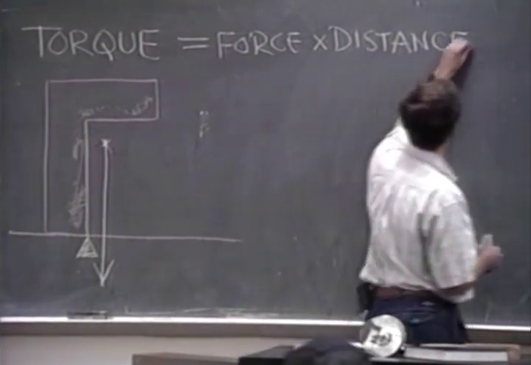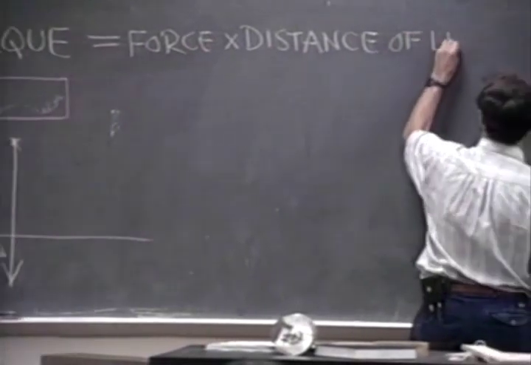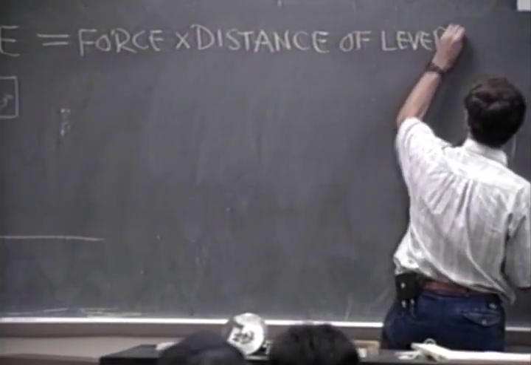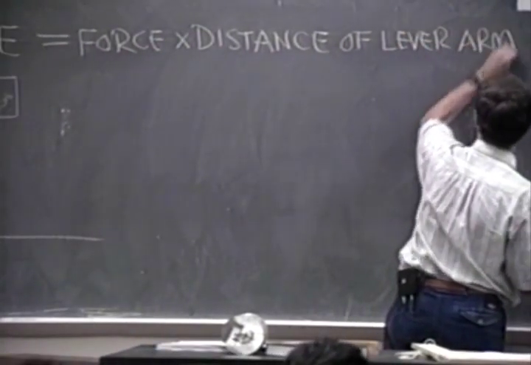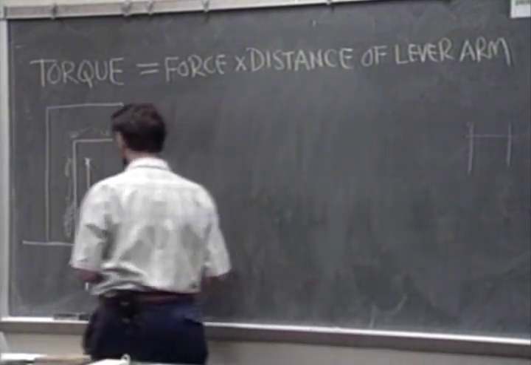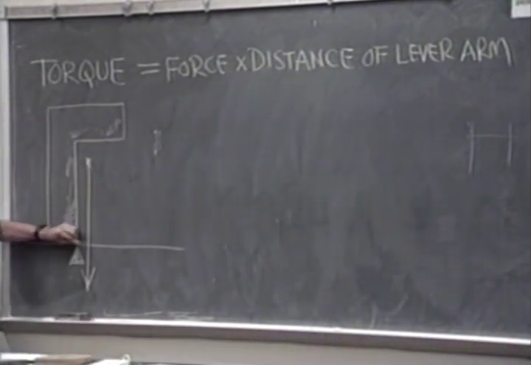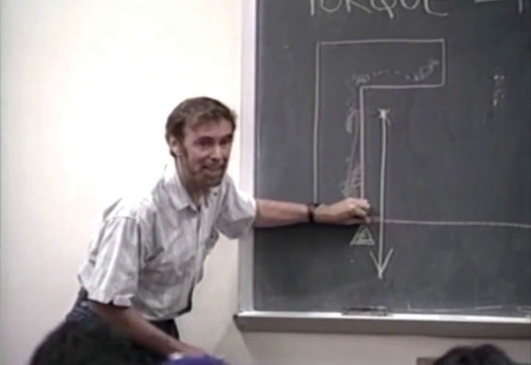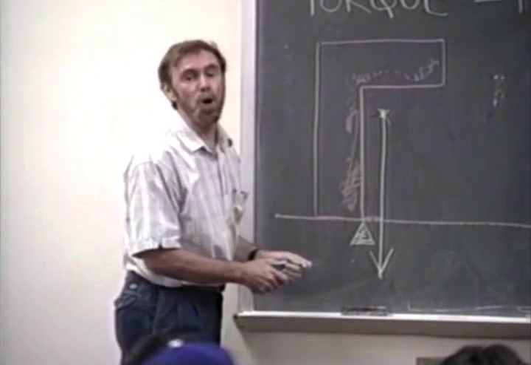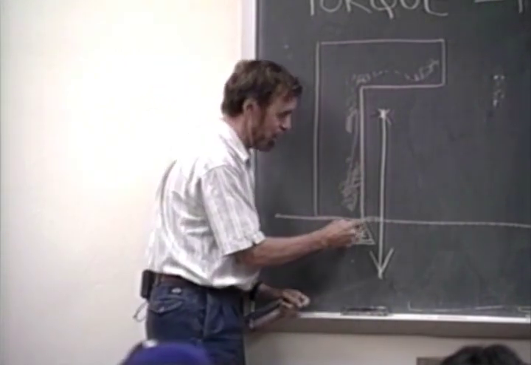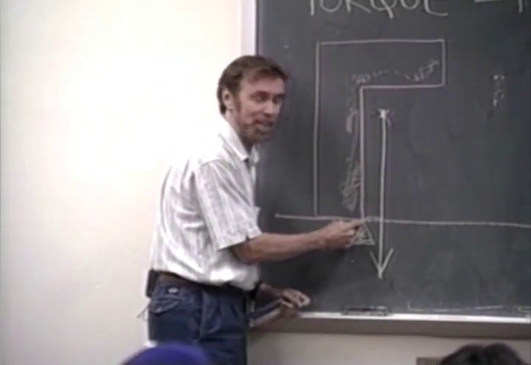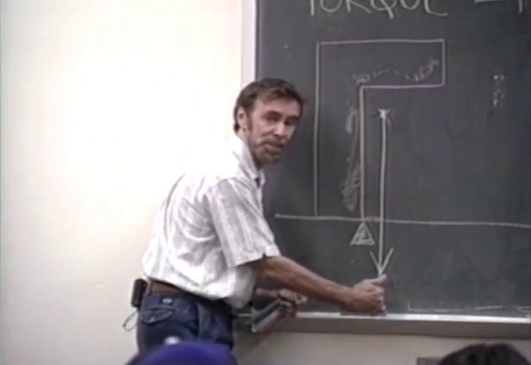I should say distance of lever arm. And that turns out to be this distance right in here, gang. That lever arm distance is always the shortest distance between the point about which rotation takes place and the line of action of the force.